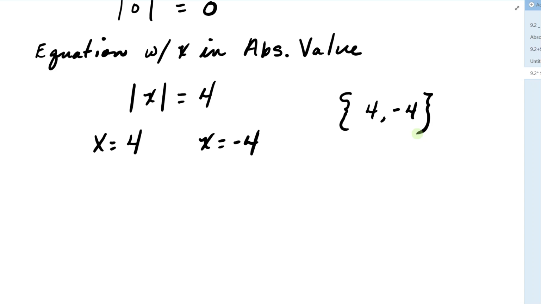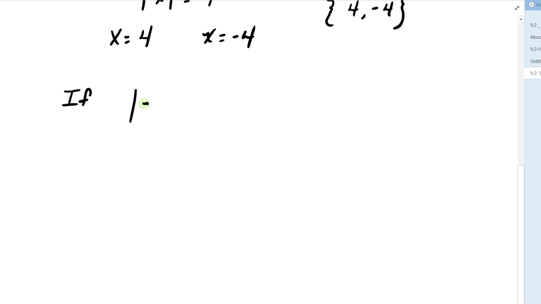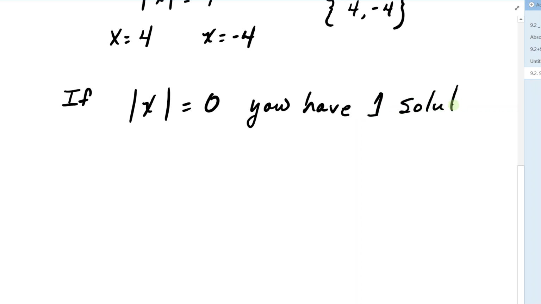Now, let me just mention that if you have absolute value of x equal to 0, then in this case you have only one solution. The only number whose absolute value is 0 is 0 itself, so x equals 0.